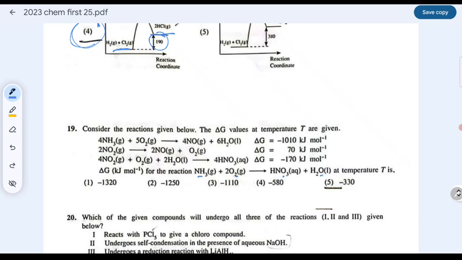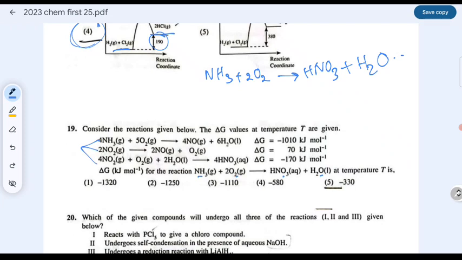So we have to form this reaction from these 3 reactions.